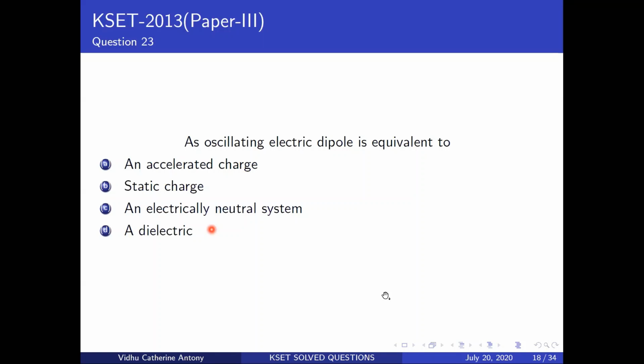So let's look at this. What I'm going to tell you about is something called the Larmor formula. This Larmor formula gives you the power when you have an accelerated charge.